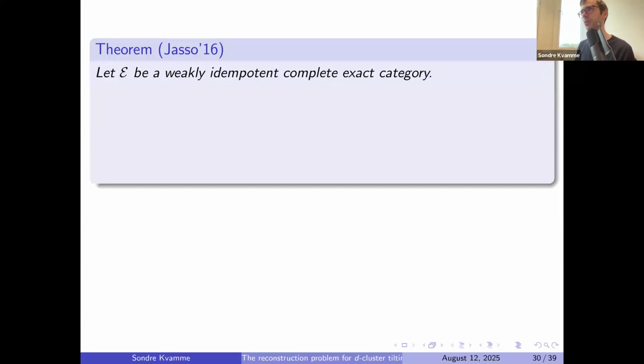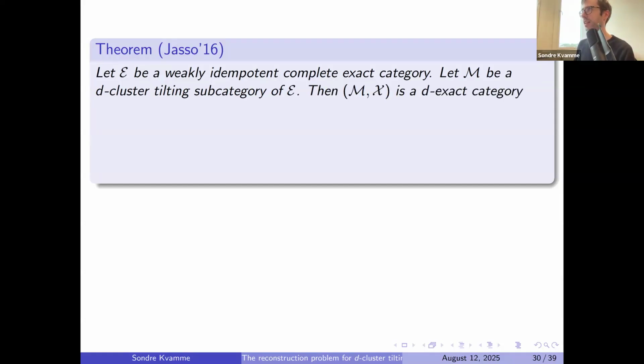The theorem by Jasso states that if you have a weakly idempotent complete exact category and a D-cluster tilting subcategory of E, then we get a D-exact category. And now I can tell you what the admissible D-exact sequences are in this D-exact category, namely the following.